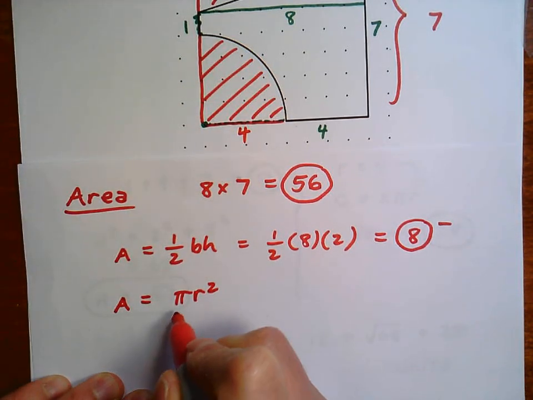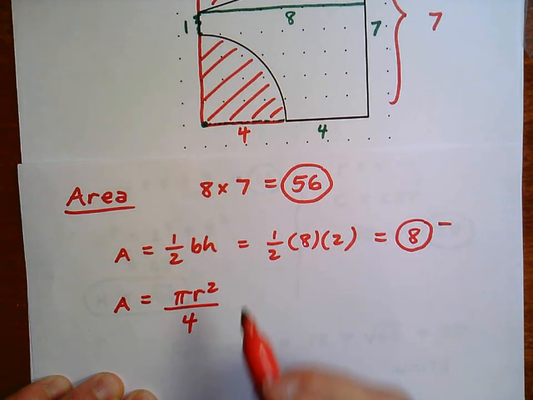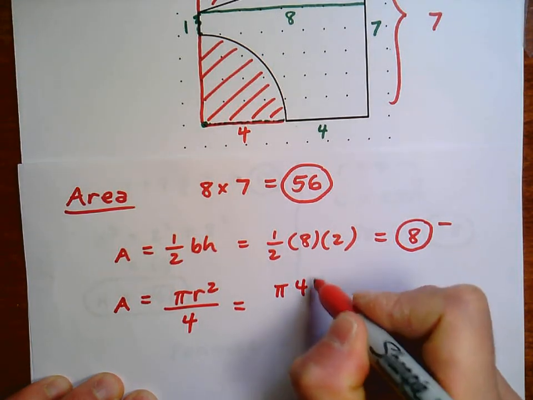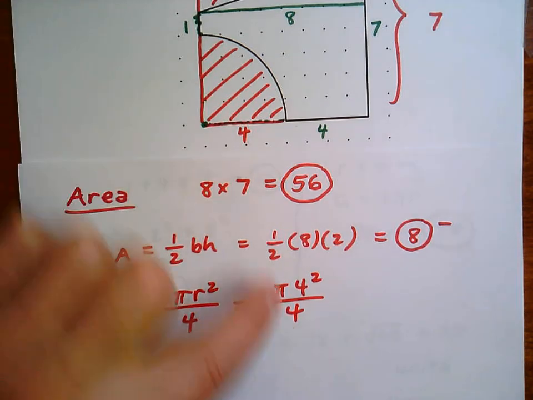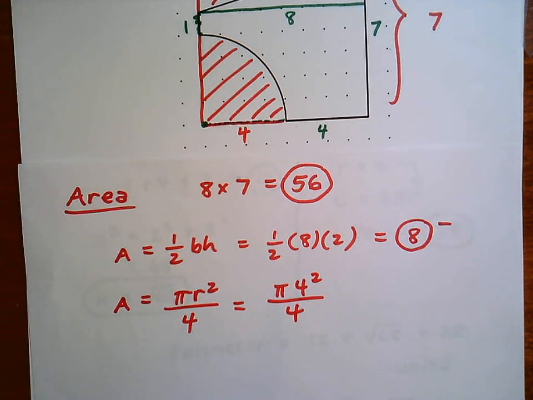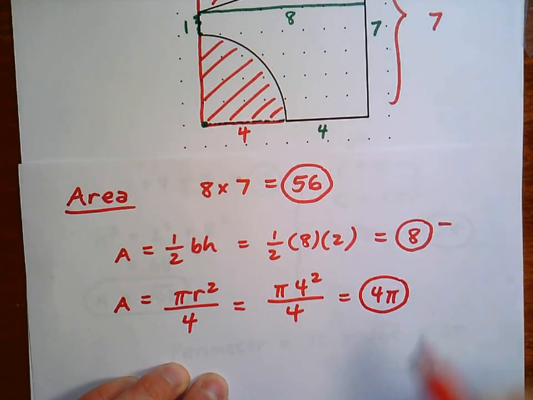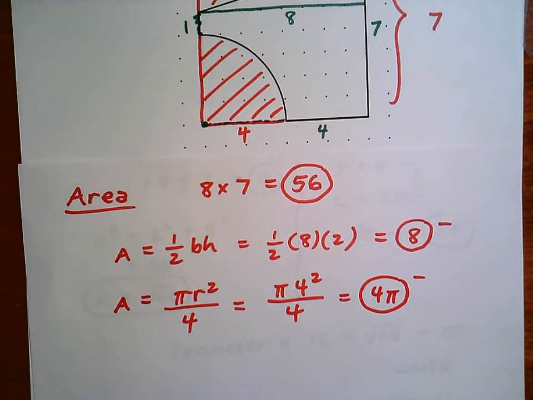So you can either multiply by 1/4 or divide by 4. It's up to you. So let's do the work. So for this quarter circle, it'll look like this, right? So 16 pi divided by 4, this will give us 4 pi. Right, so we've done now all the calculations. And that's it, right? So that's pretty simple.